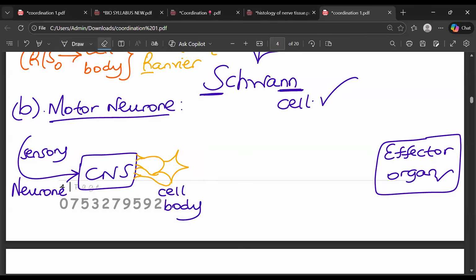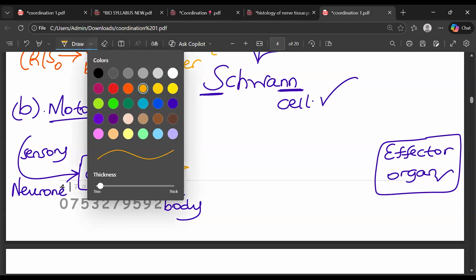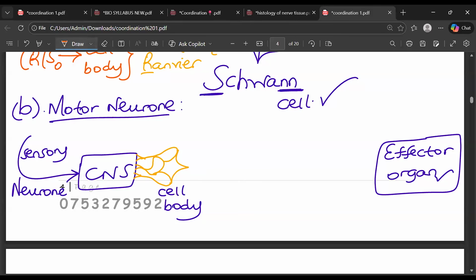So when I'm connecting them like this, those things you're seeing are the dendrites. So this one is our cell body because it's even having what we call the nucleus.